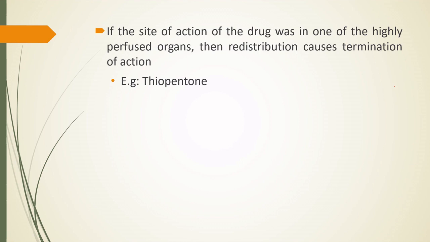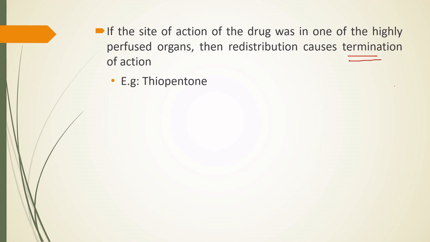Now, if the site of action of the drug was in one of the highly perfused organs, then because of redistribution, the drug has been redistributed from the highly perfused organs to organs that are less perfused.